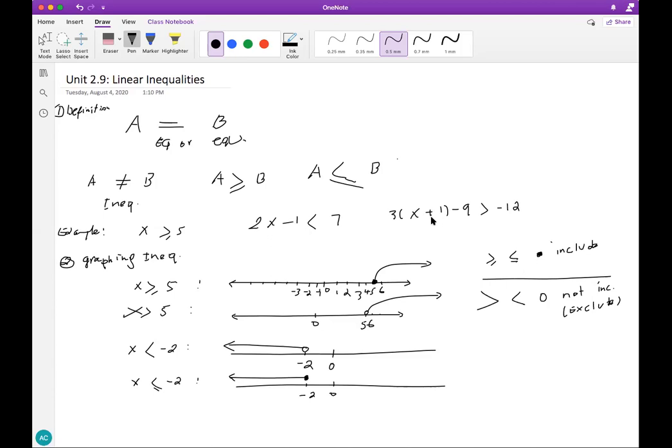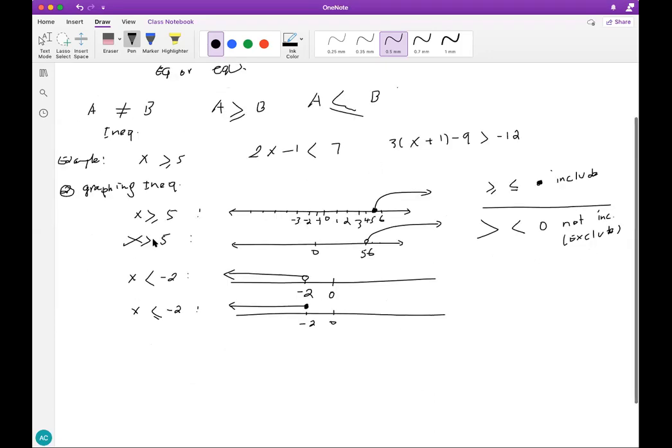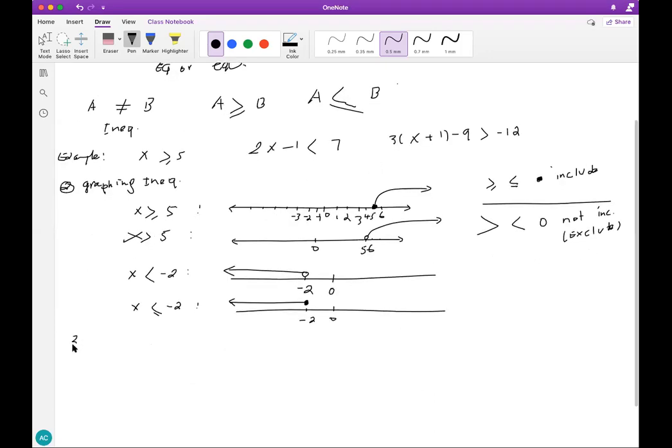Once we solve them, similarly to solving equations, we do a couple of things on both sides until we isolate the x. Once you isolate your x, you basically end up with one of these cases. Okay, so now let's look at solving inequalities.